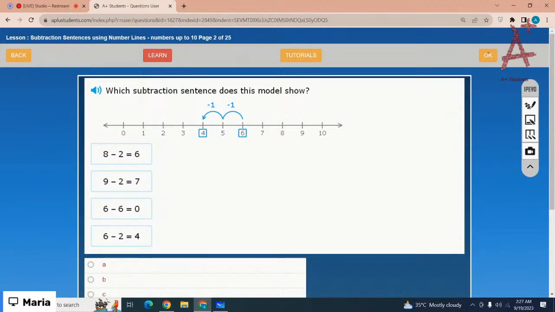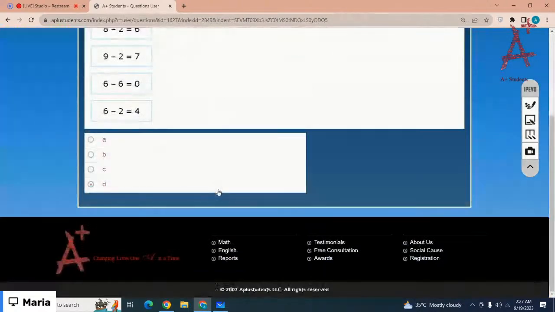So the correct option is 6 take away 2 equals 4. That would be the last option, right? D is the correct option.